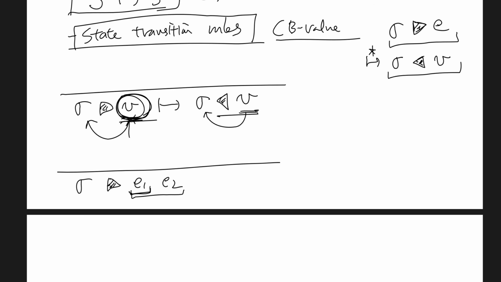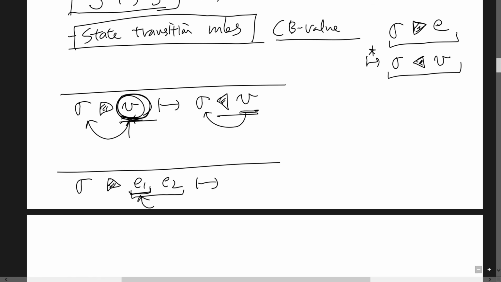So the next state is we add this frame and then keep analyzing expression E1. You needed to leave expression E2 because later when you return, you have to restore this expression E2.